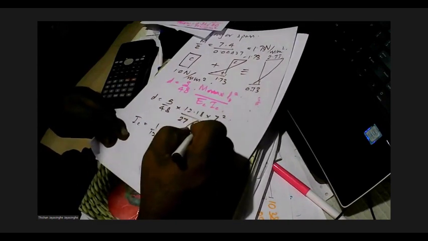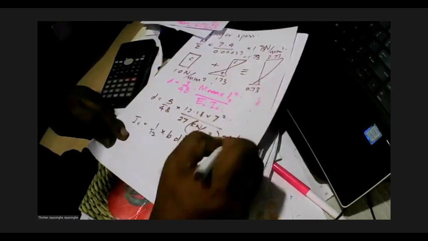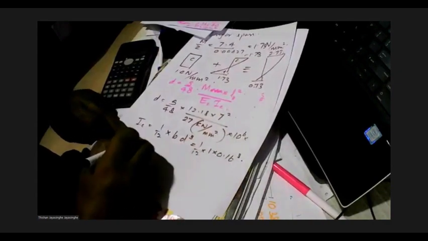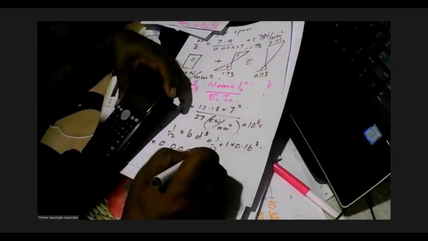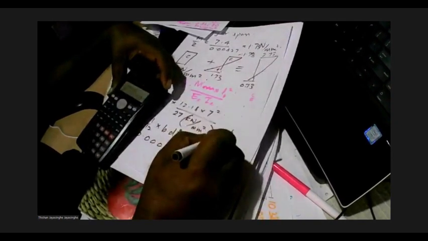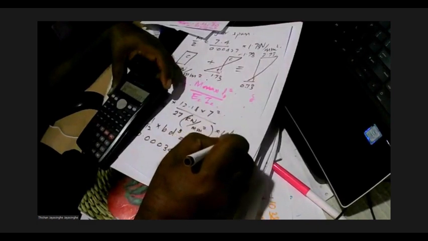Because this is in kilonewton meters and this is in meters, we have to multiply this by 10 to the power 6. The answer of 0.16 cubed divided by 12 is 0.000341.